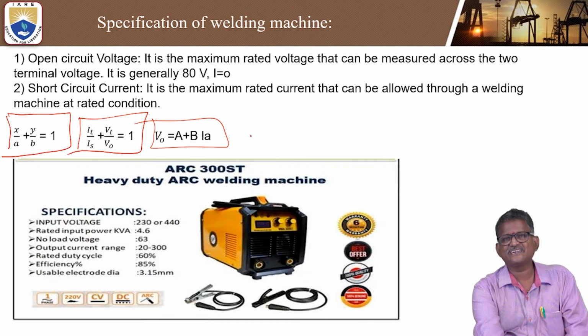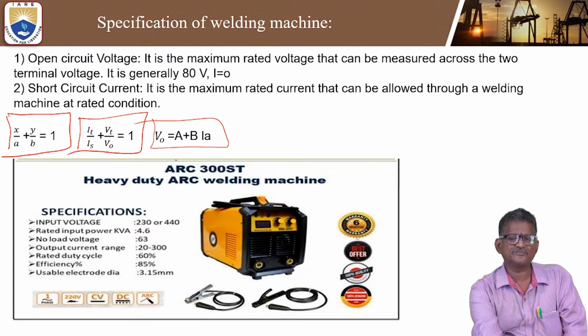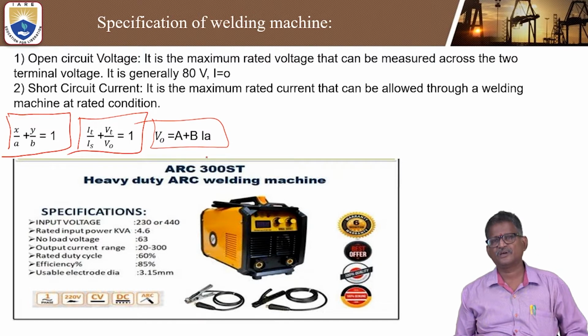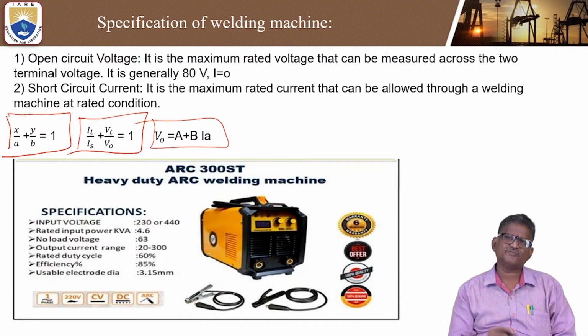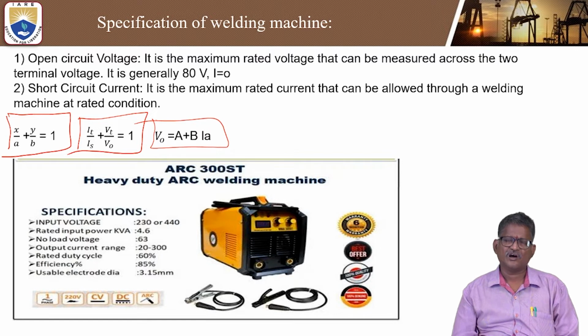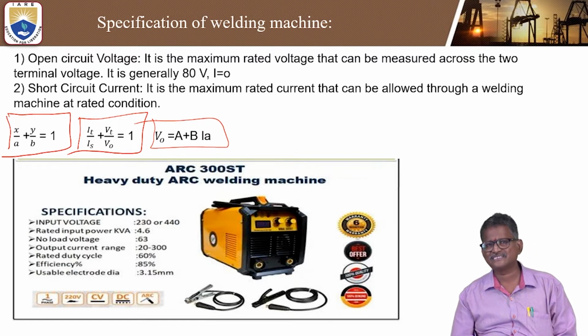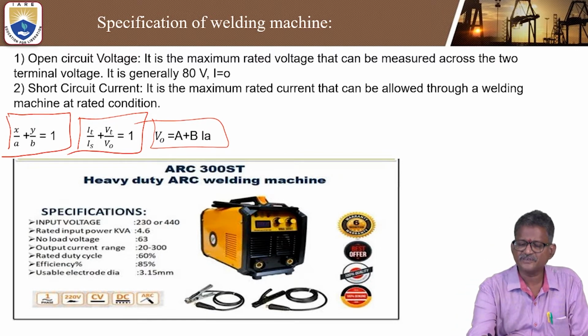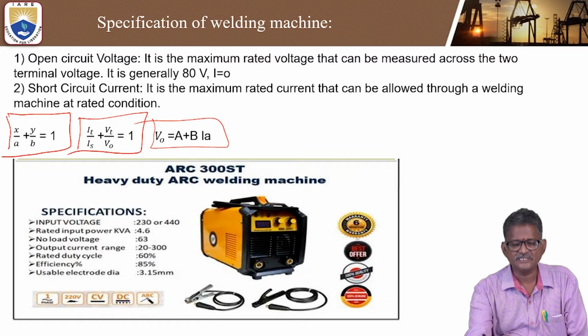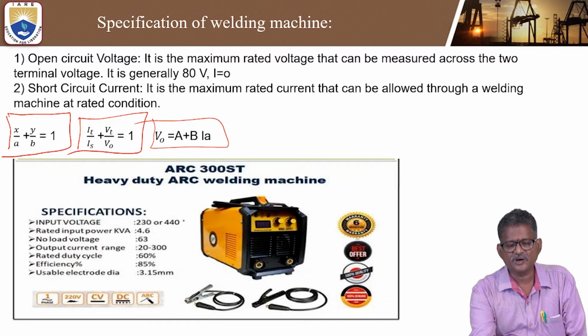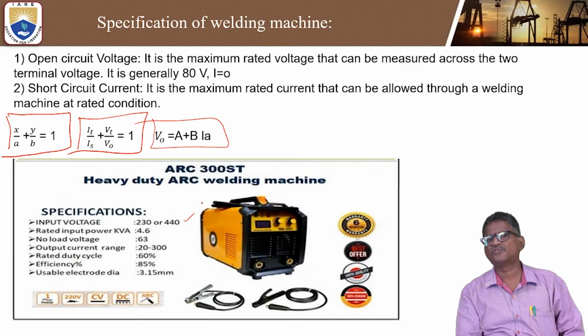Finally, the VI characteristics curve is V open circuit voltage equal to A plus B into LA. With this formula, if you take any type of welding machine, such as the Arc 300 ST, the specification of this welding machine has an input voltage of obviously 230 or 440.